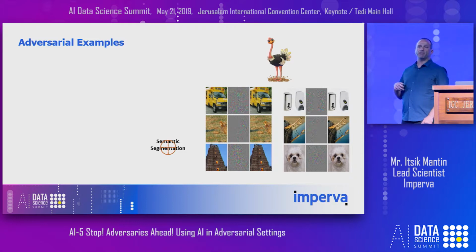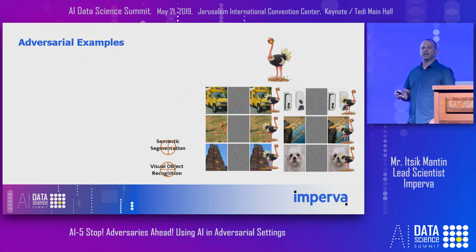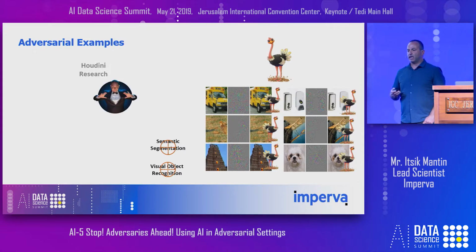They did the same for a bus, and it convinced the AI that this is an image of an ostrich, and all these images on the right side are classified by AI with very, very high confidence as ostriches. So we saw at the beginning this minion with the semantic segmentation. So semantic segmentation is vulnerable, and now visual object recognition is also vulnerable.